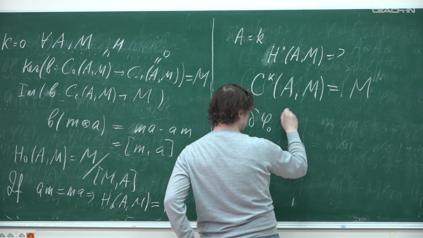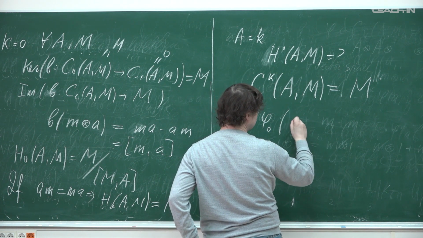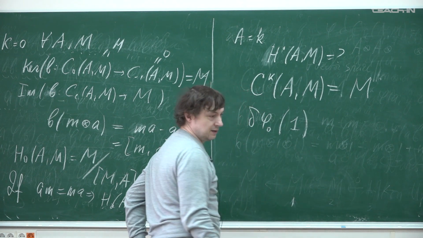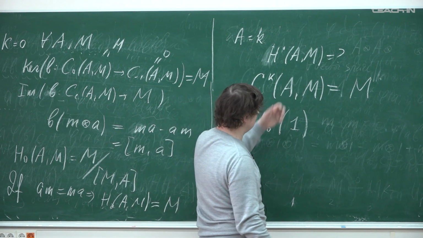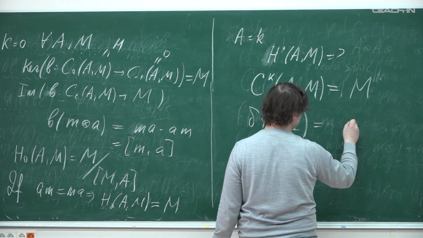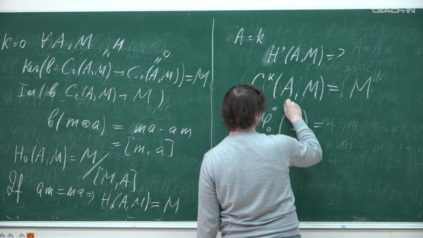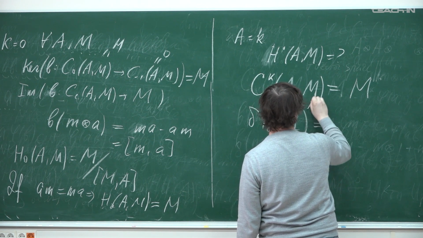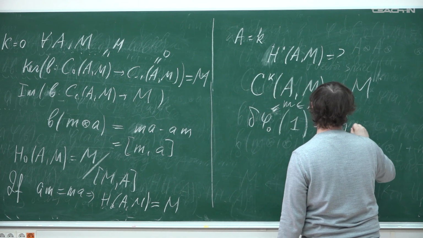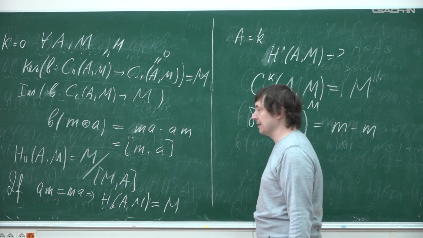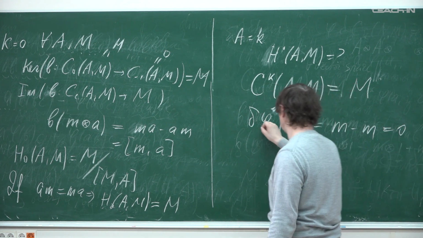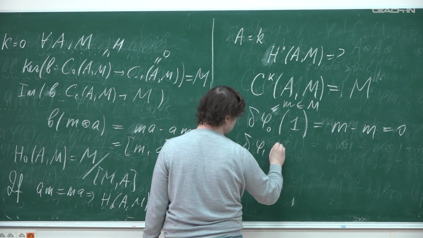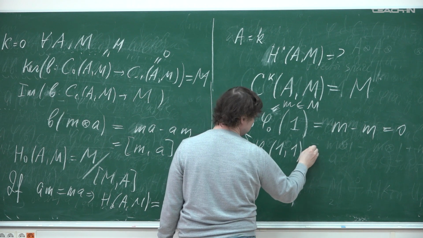Phi_0 will give an element which will depend on some element 1 in A, and phi_0 is an element in M. It will be equal to m minus m. So delta of phi_0 is always equal to 0. Delta of phi_1 applied to (1, 1), what is it equal to?